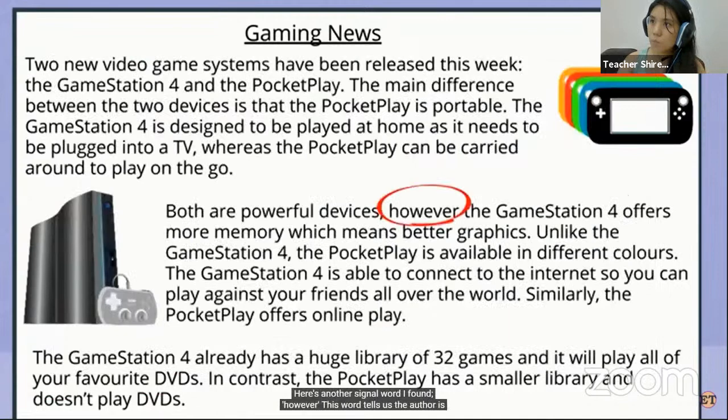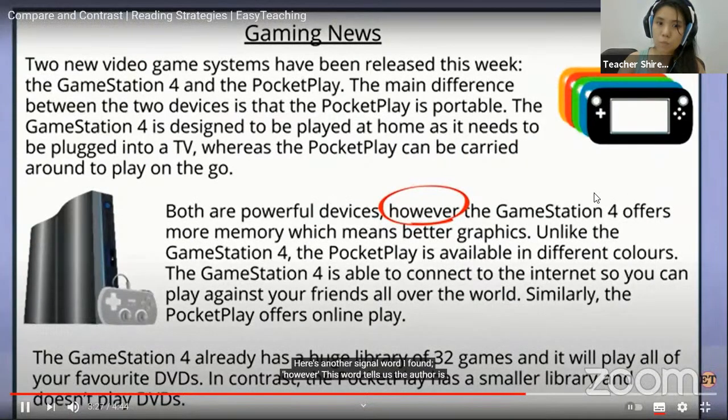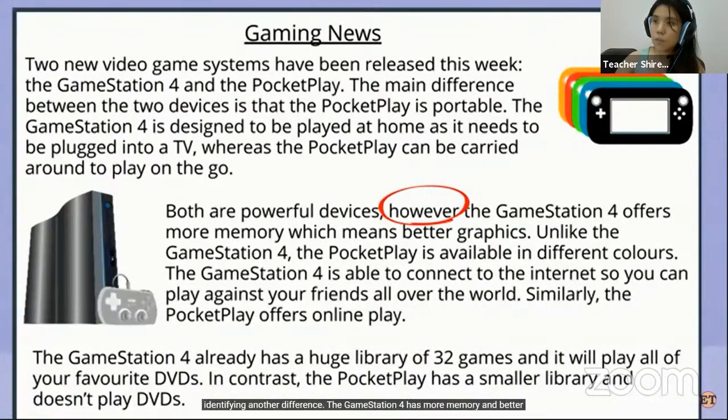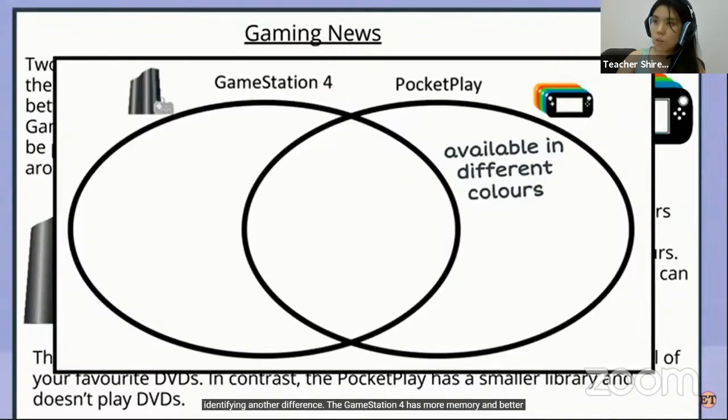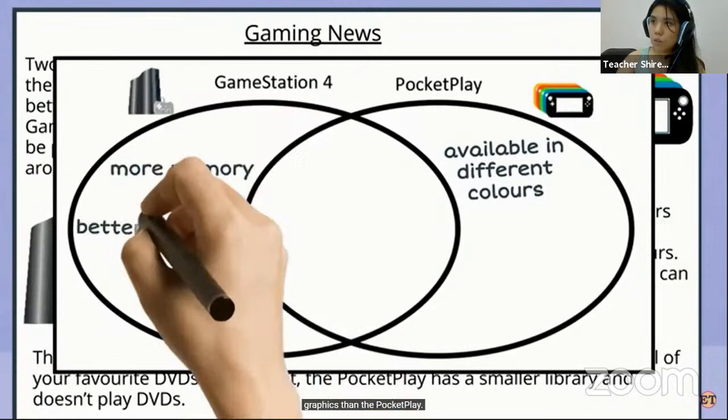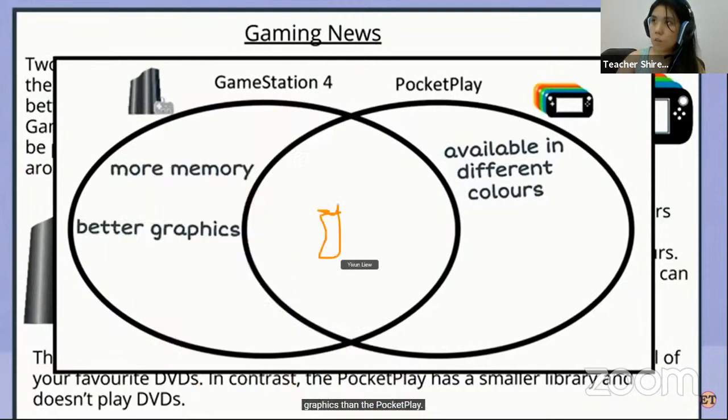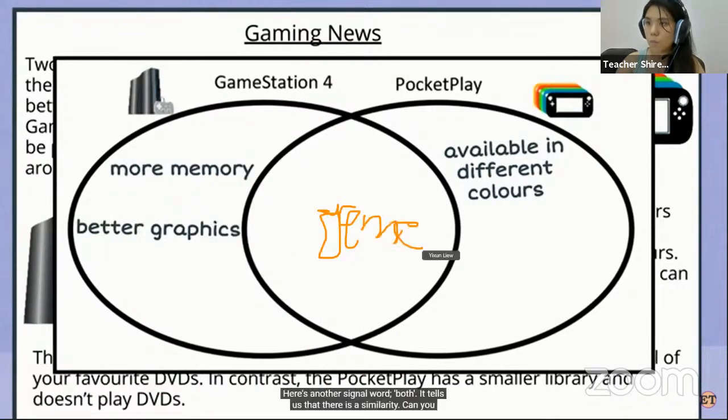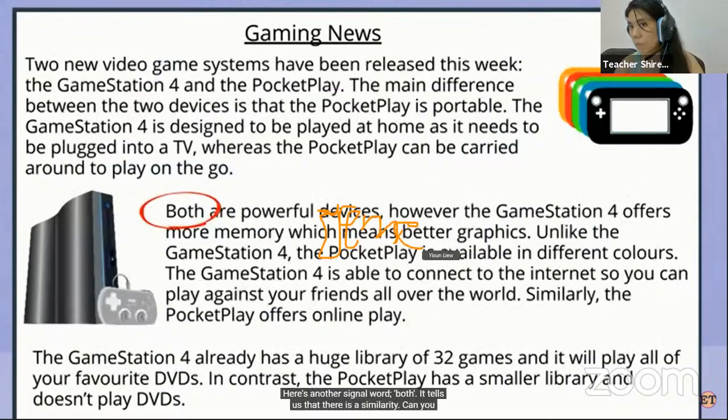Here's another signal word I found. However. This word tells us the author is identifying another difference. The GameStation 4 has more memory and better graphics than the Pocket Play. Here's another signal word, both.